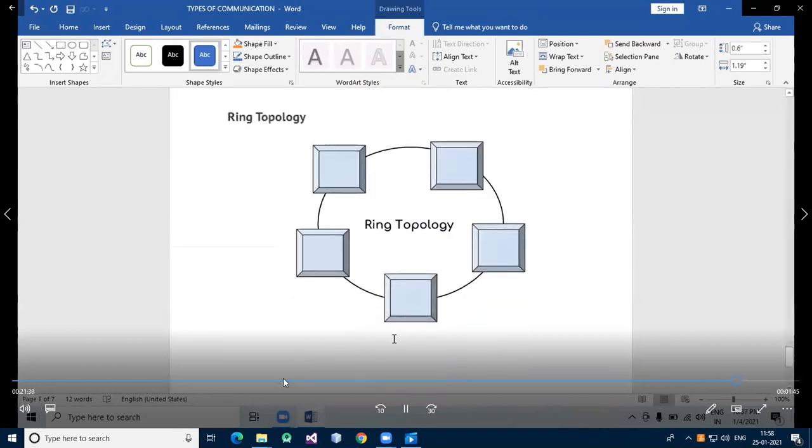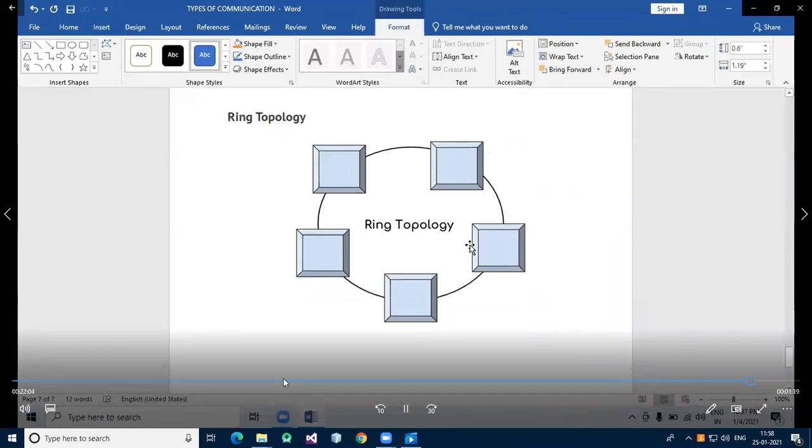Then ring topology. In ring topology, each device is connected with two devices, one on either side of it. There are two dedicated point-to-point links to the devices on either side, and the structure forms a ring.